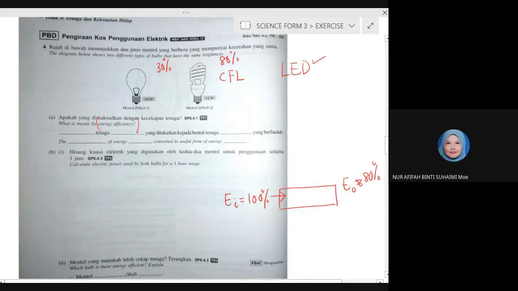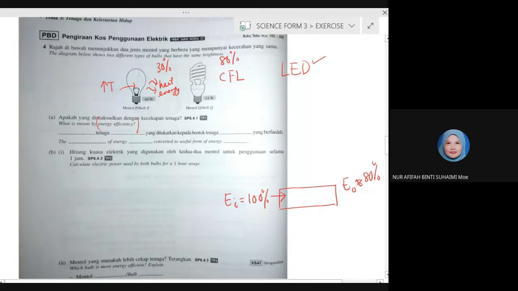Why do we have a comparison here? Because the bulb has a filament. This filament needs to be heated in order to produce light. Now, what happens if the filament is heated? It produces high temperature, so it loses more energy, wasted as heat energy.